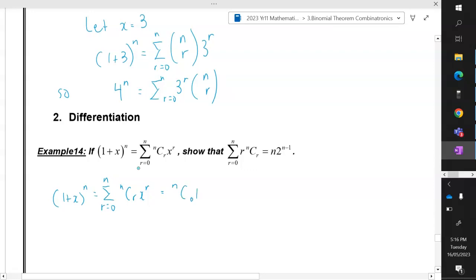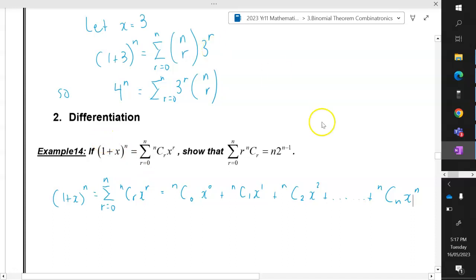We've got 1 to the n, x to the 0, plus nC1 x to the 1. And although I put 1 to the n there, we might just get rid of that because it's just going to be 1 all the way through. So nC2 x to the 2, all the way up to nCn x to the n. So that's what our expansion is.